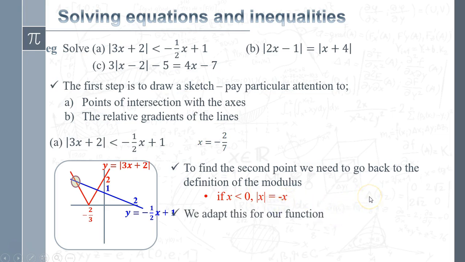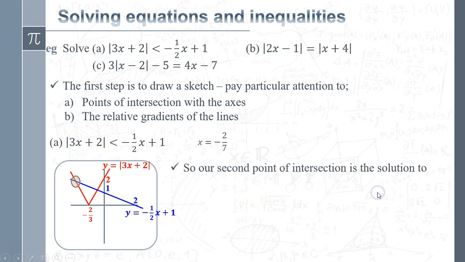And if we adapt this for the function we're looking at, what we're saying now is, if 3x plus 2 is less than 0, which it would have been kind of down here, what we do is take the minus version of that. And that's the thing that flips it back up to being up here. So what that means is, in order to find this point here, we've got to put the blue line, minus half x plus 1, equal to the minus version of 3x plus 2. So, what that looks like would be that. And that's why that technical definition is important.